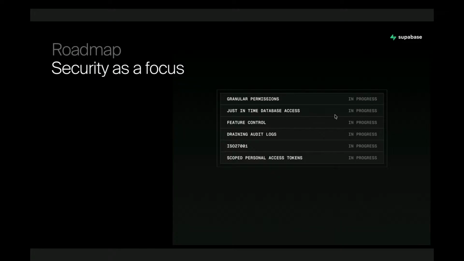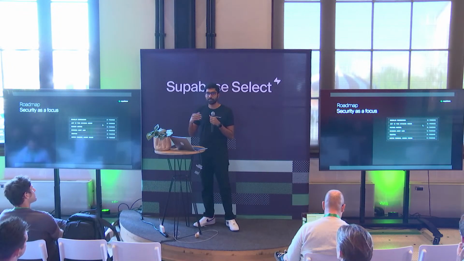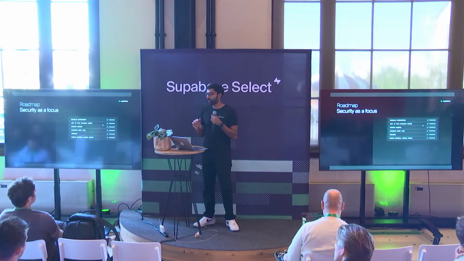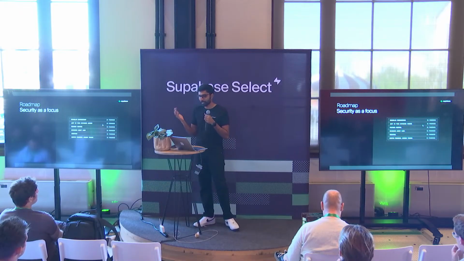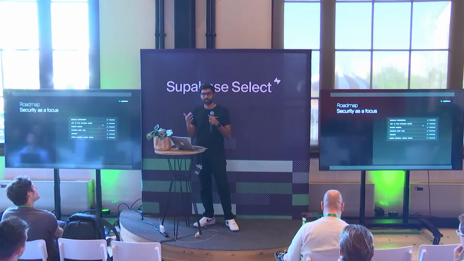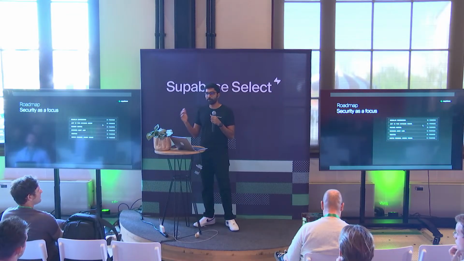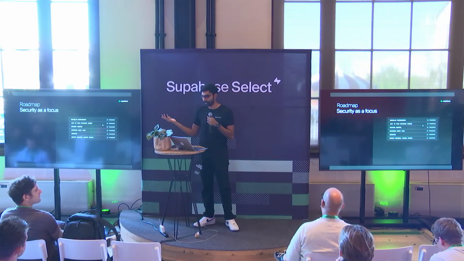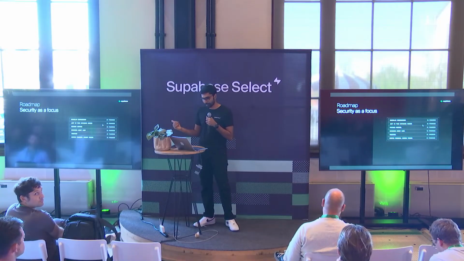We have built a custom authentication module for Postgres, which we just open sourced, that lets you give just-in-time access to the database without sharing your long-lived Postgres password directly with your developers. And as we release more features, we understand that it adds to the surface area of the product. We want you to be more in control, so if you just want to use Supabase as a database, you can go in and turn off all the features that you don't use. That's something that's coming.